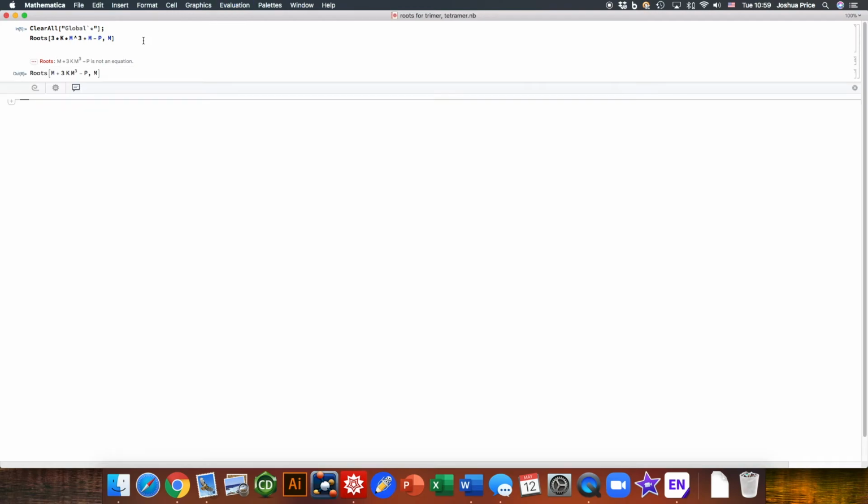So that's our polynomial. To find the roots, I just need to type Roots and put the polynomial in brackets, and then I need to tell it that I want to find values of m for which this expression equals 0. And with that there, I just press shift and return.